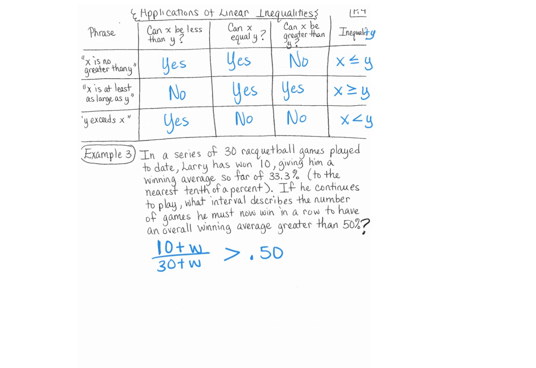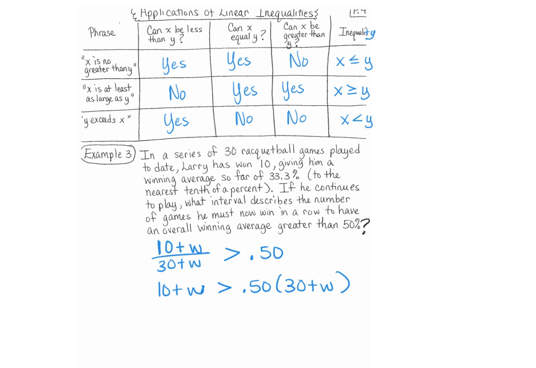So we're going to multiply both sides by 30 plus W. That means we have 10 plus W is greater than 0.50 times 30 plus W. We multiplied both sides of this inequality by 30 plus W; that's how we got from here to here.